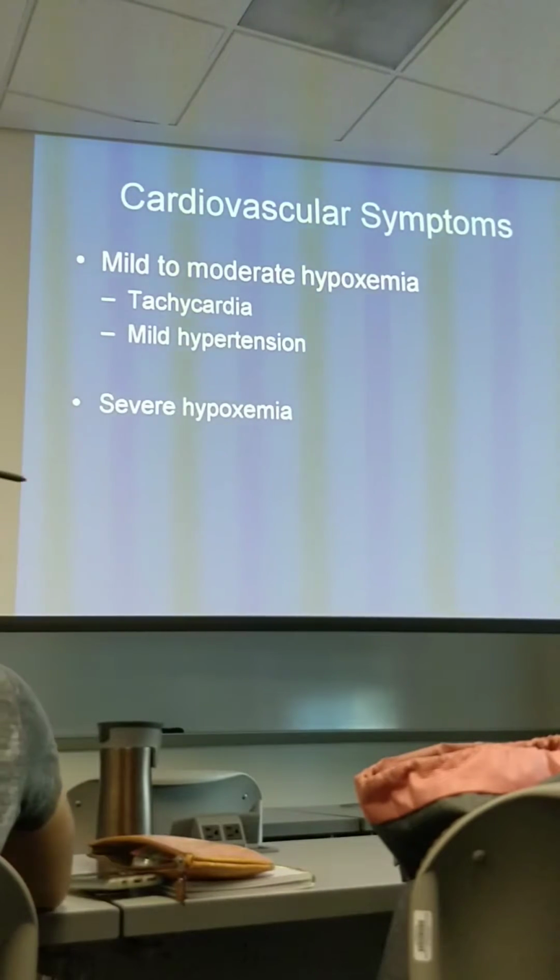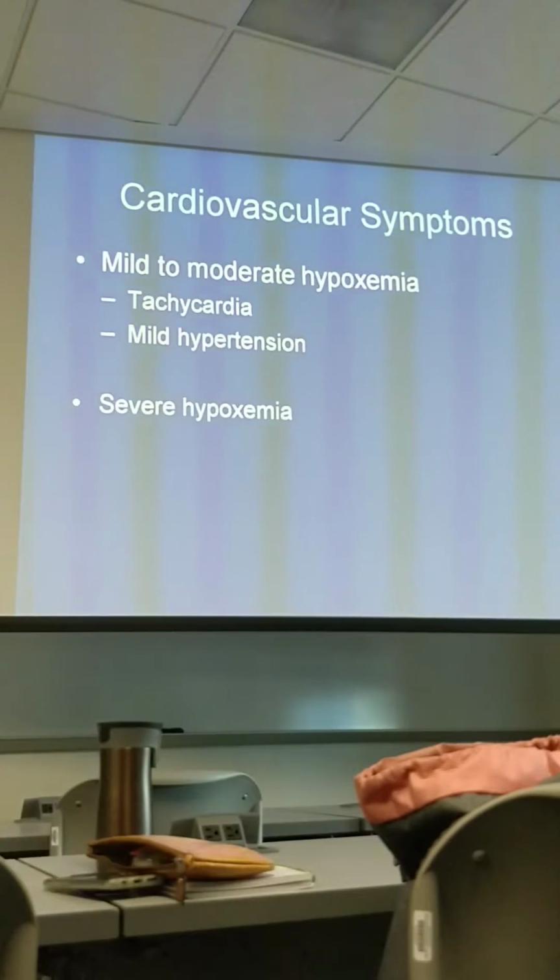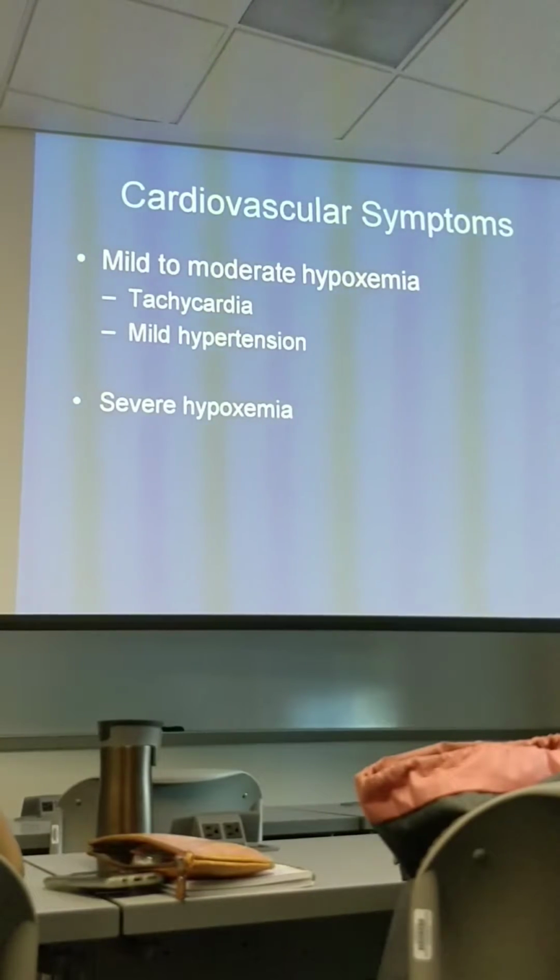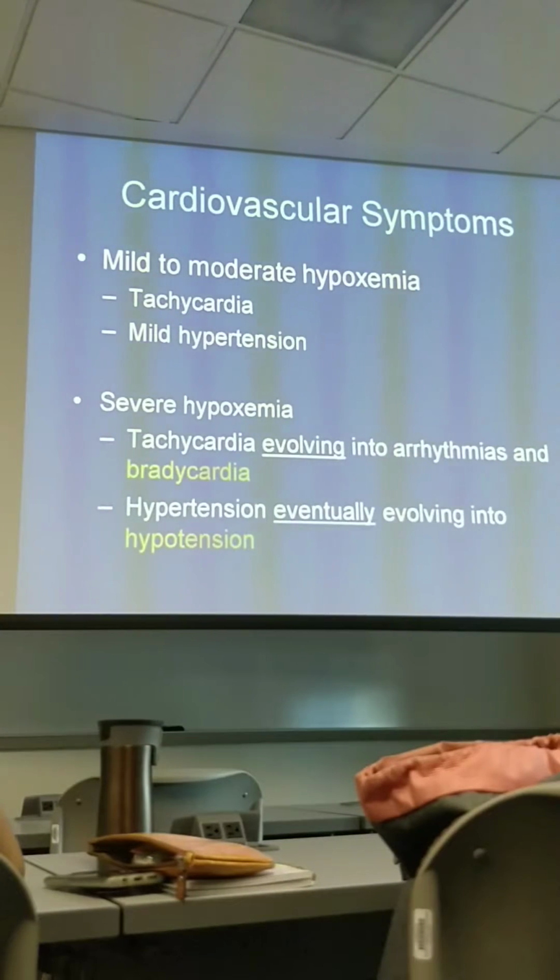Now, if it's severe, meaning it drops to less than 40 millimeters of mercury, this is the key. You are going to have tachycardia that will evolve into a bradycardia. It means it turns into a bradycardia, and you can become asystolic, okay? Hypertension eventually evolves into hypotension.